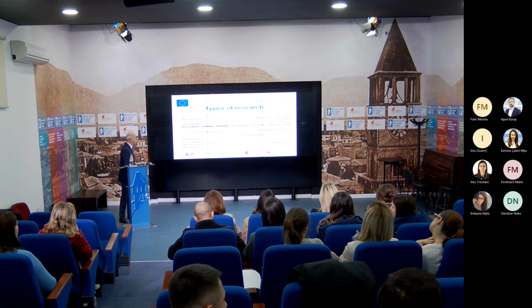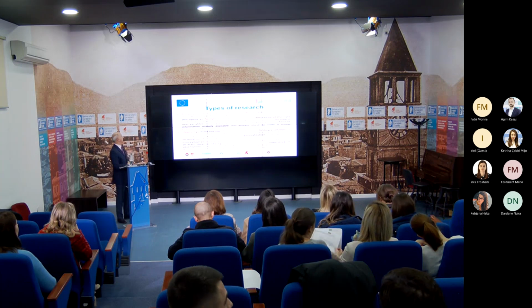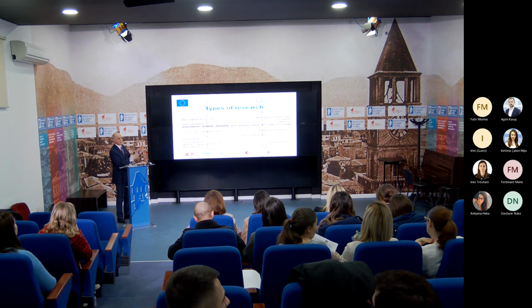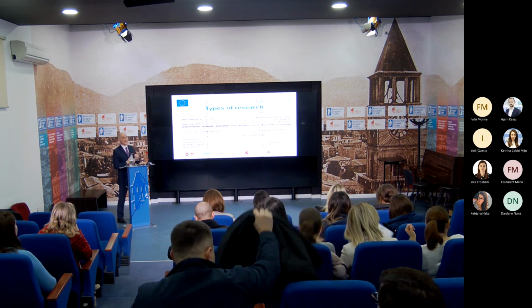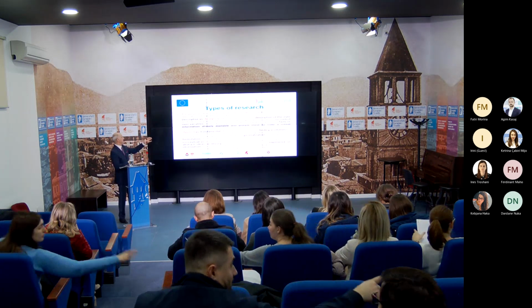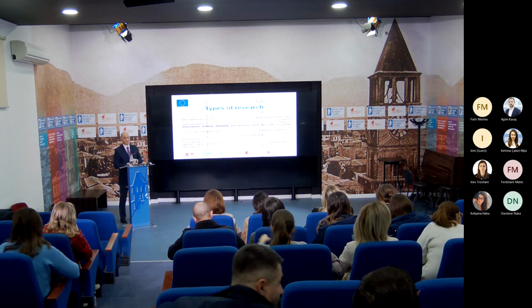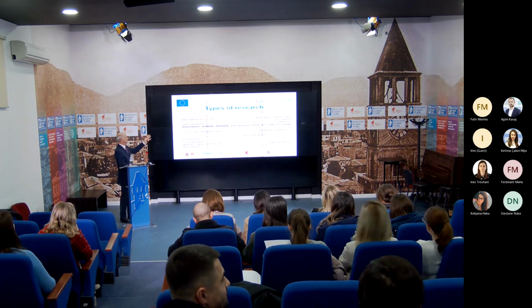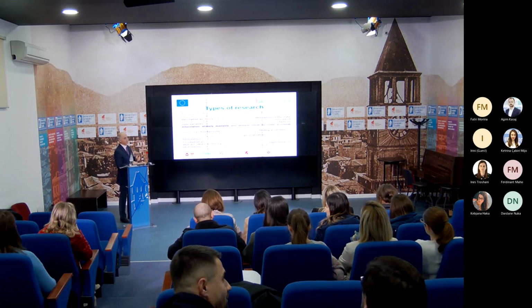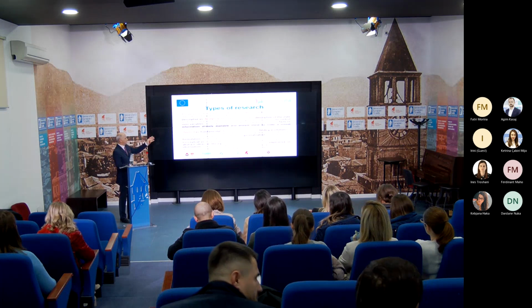When it comes to types of research, there are different types of research. The purpose of research is to discover answers to questions through the application of scientific procedures. We'll have descriptive or analytical research.